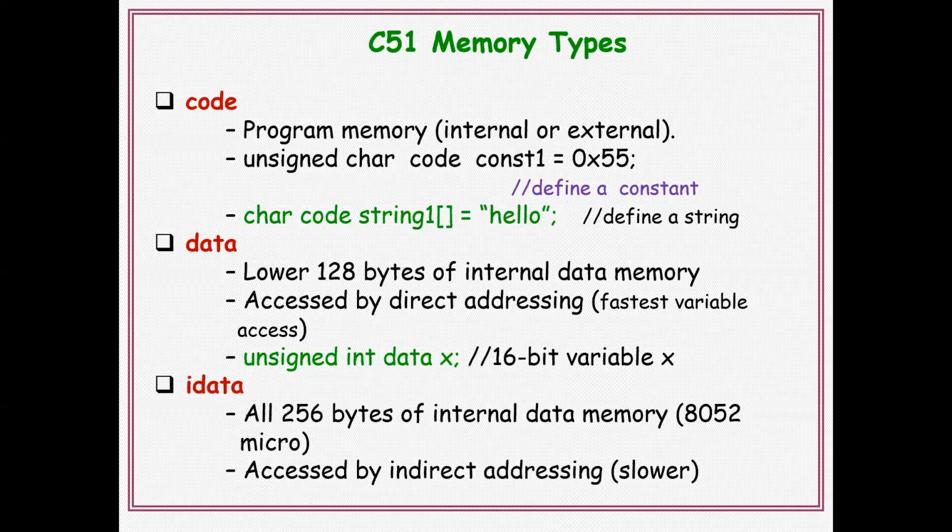And idata is not available in C programs. With idata, all 256 bytes of internal data memory can be accessed by indirect addressing. So the memory types are code memory, data memory, and idata memory.